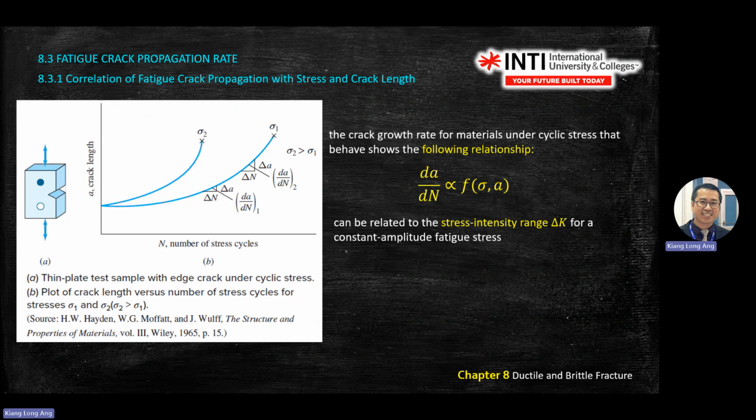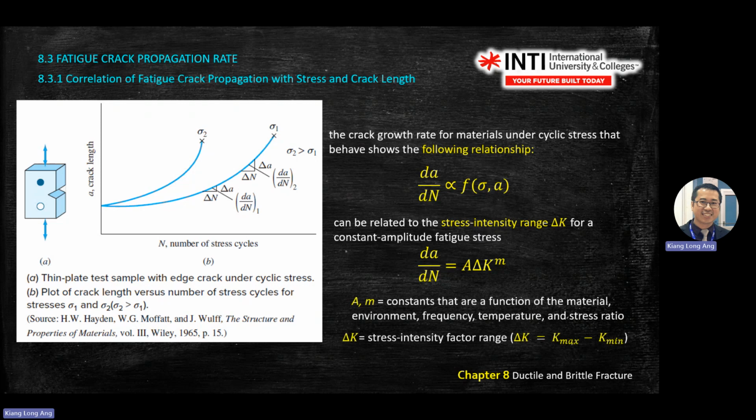So we can relate the slope with the function of stress and a. In mathematics, if you can link it linearly with the function, we can convert this into a constant A. So you change this symbol into da/dN equals A times delta K to the power m. A is your constant, m is also your constant.